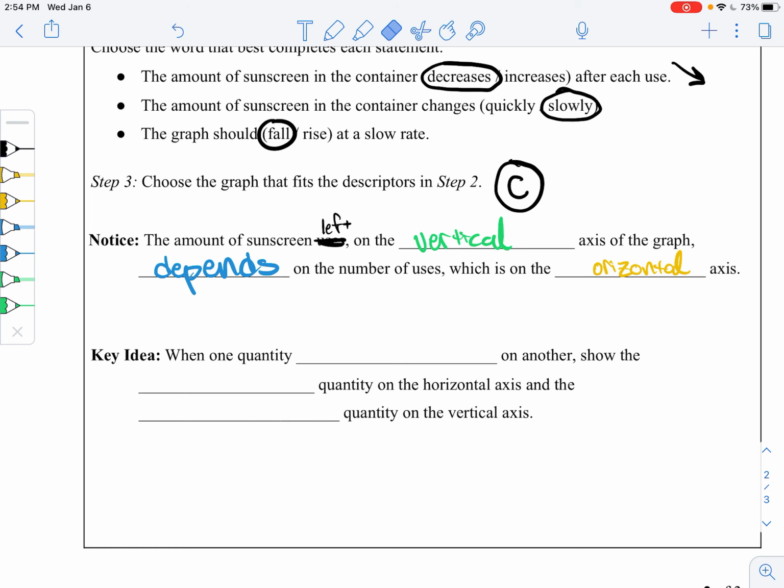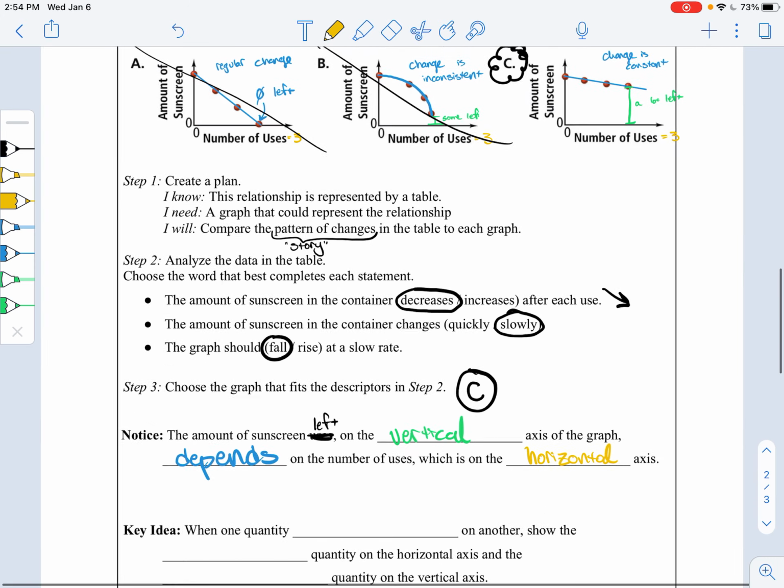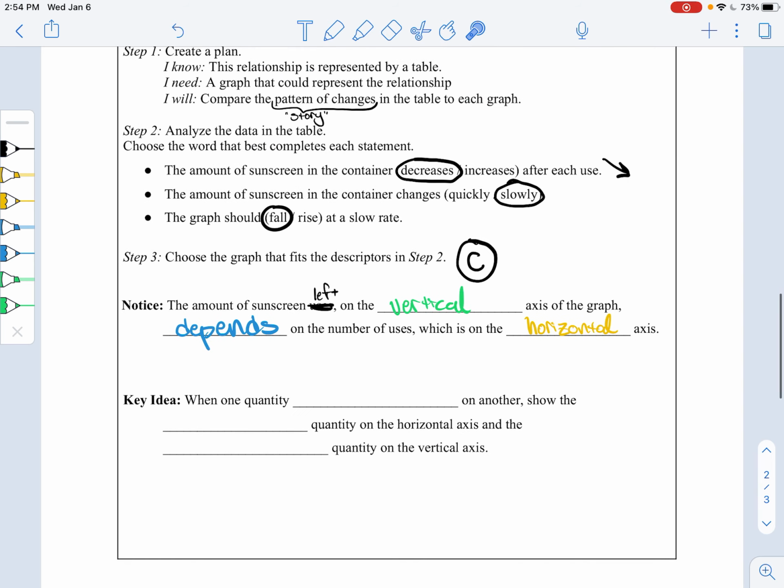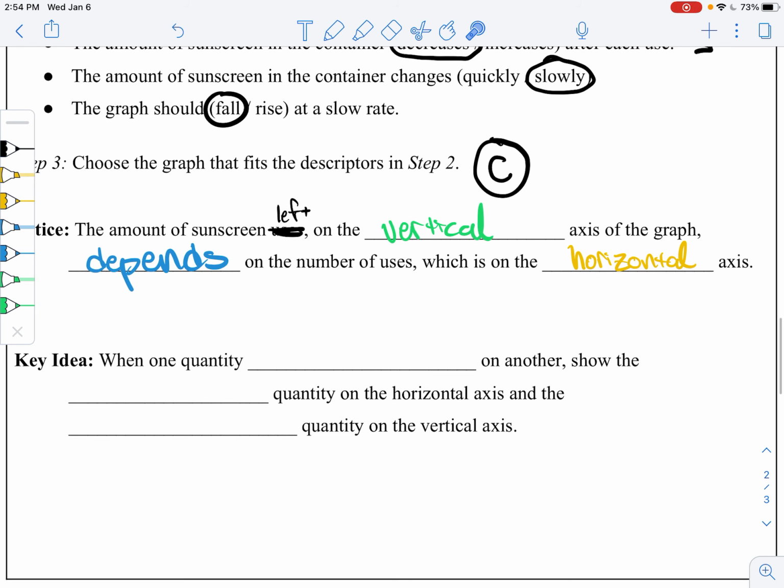Okay, so the amount of sunscreen we have depends on how many times you use it. That should make sense, right?